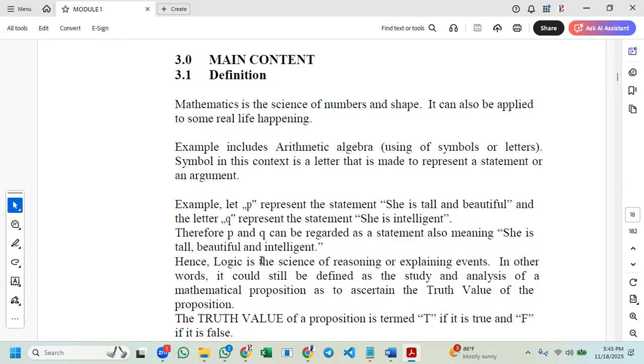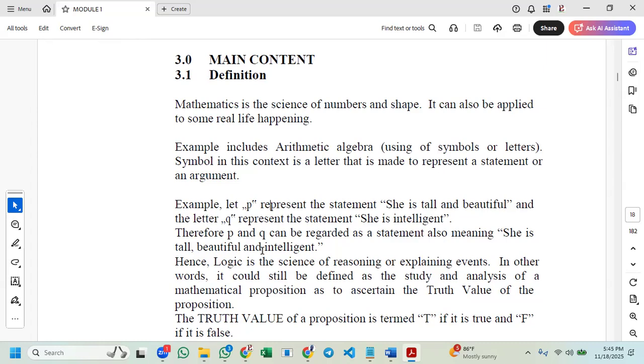And I also tell you that Omotayo is also intelligent. If I'm to combine all of the pictures of Omotayo together, I can use the connective and. I would just say she is tall, beautiful, and intelligent.